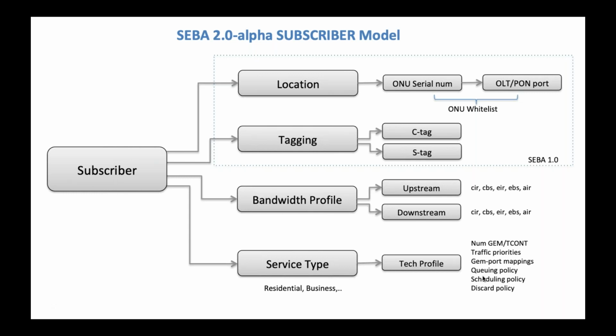All of those things are expressed in the technology profile, and that could differ depending on the type of service that you have installed in the PON. So in this particular release, we did not get the time to actually create a model for the service type. Therefore, instead of the subscriber pointing to a service type and then us inferring from the service type what the technology profile should be, the subscriber right now directly points to a particular tech profile ID. Okay.